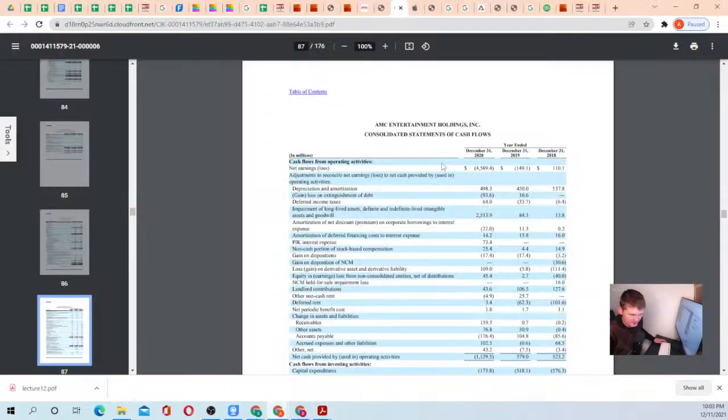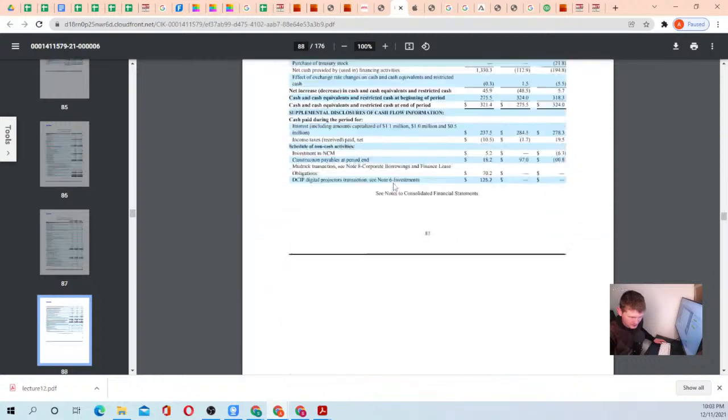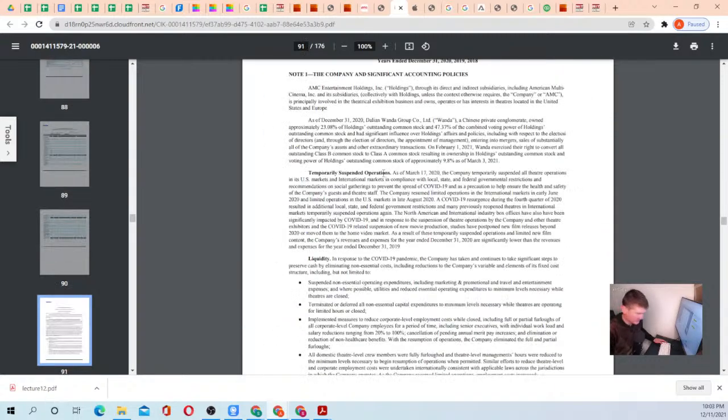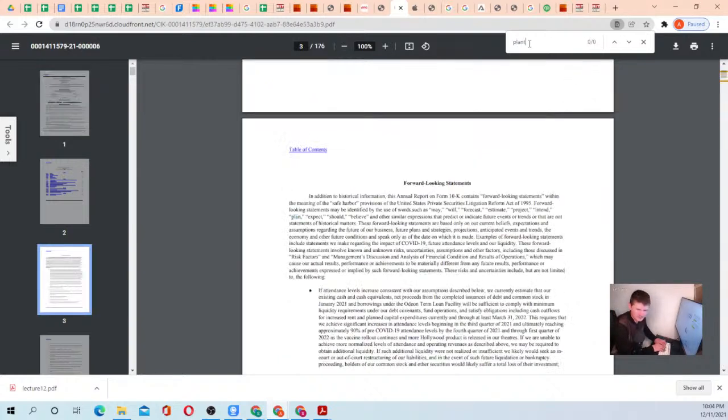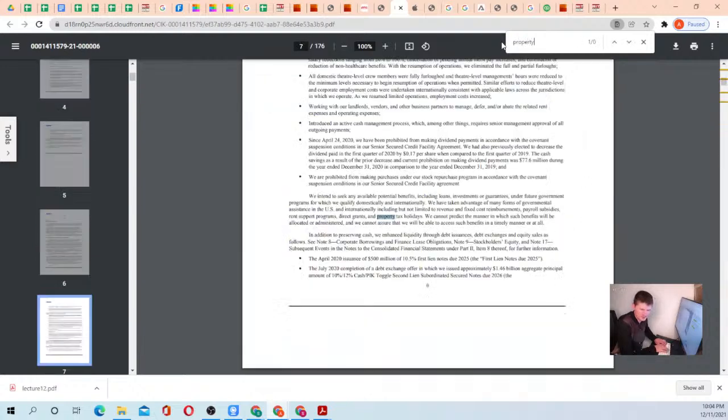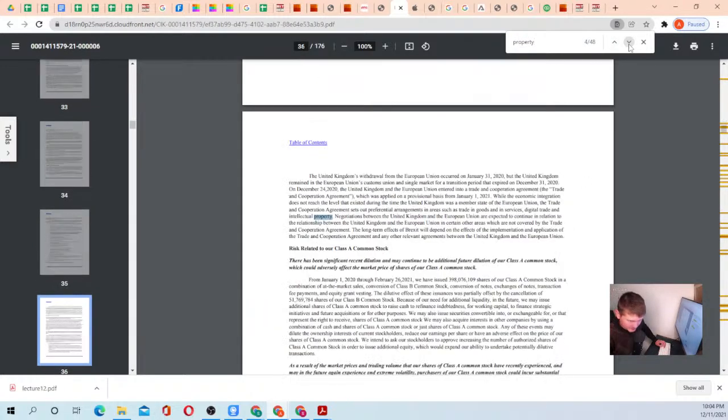Major classes of depreciable assets. Let's see how we can find it. Land. Do they call it plant at all? No. Property. 48 mentions.